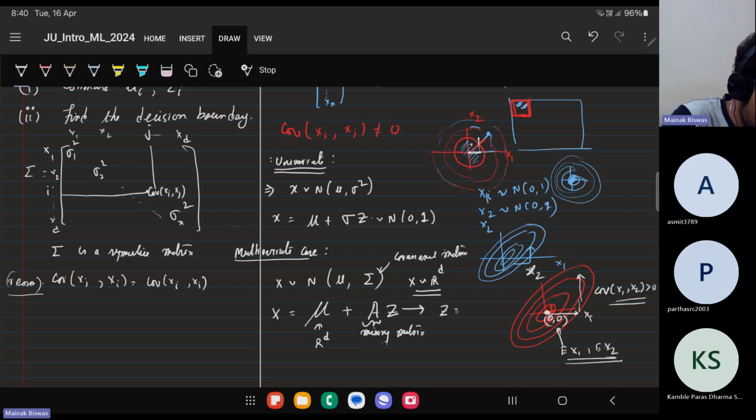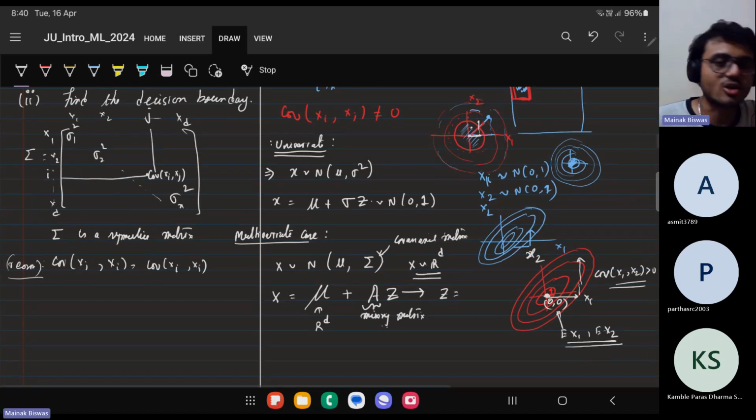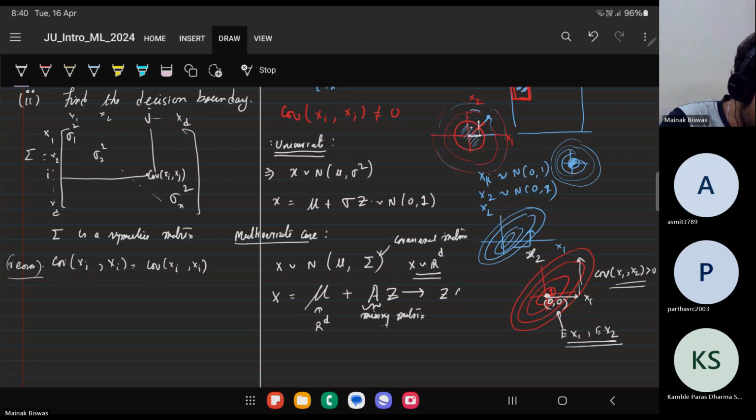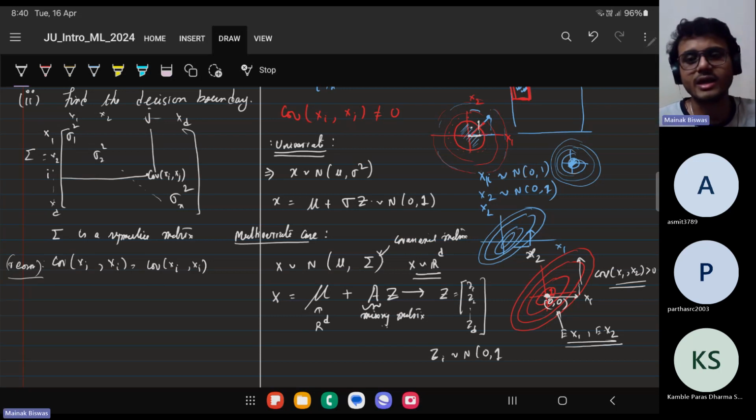And Z, if you write the Jacobians, you can get the actual formation. Z is Z1, Z2, up to Zd. The Zi's are normal 0, 1. Again, I have made this with normal 0, 1 because I know only normal 0, 1s.